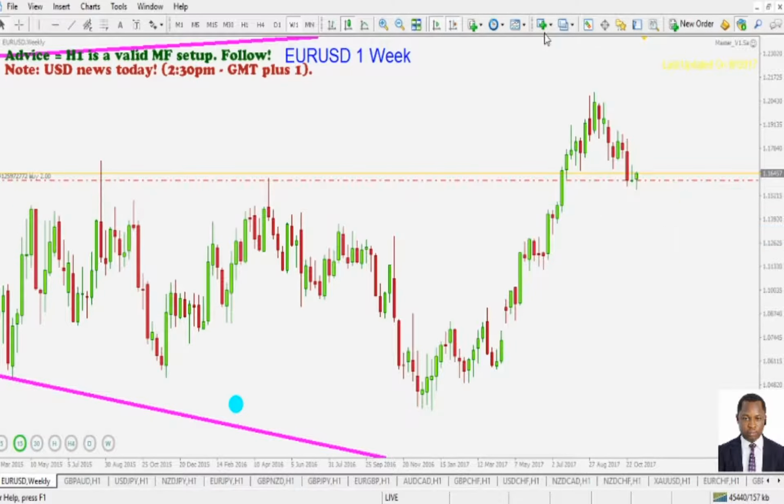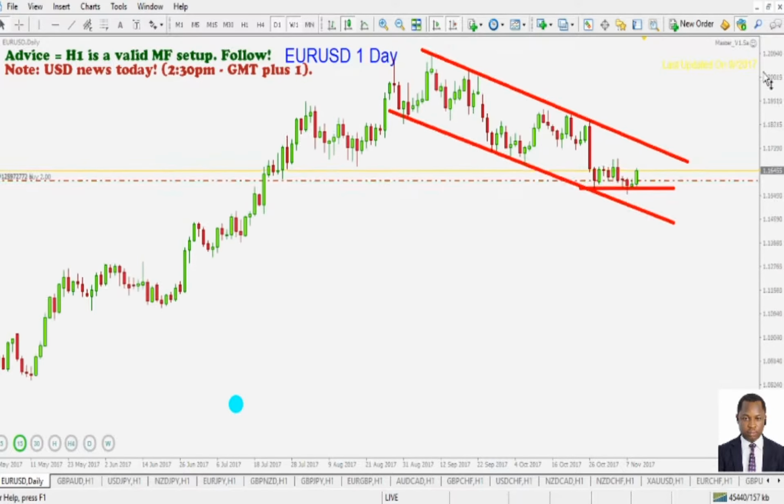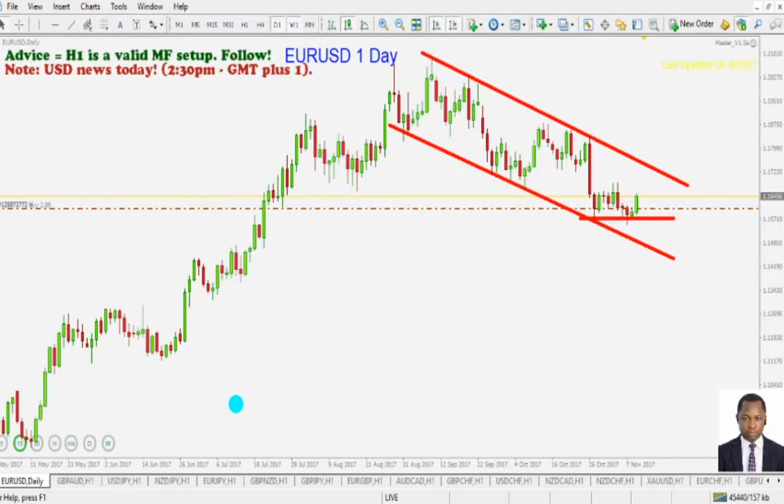Okay, now let's look into the daily time frame again, just to remind you of what we discussed before. In the daily time frame, we talked about this channel behavior here, which the majority of traders tend to pay less attention to. A lot of traders didn't really pay attention to this channel. Rather, they were more focused on this, what looks more like a flat bottom triangle.